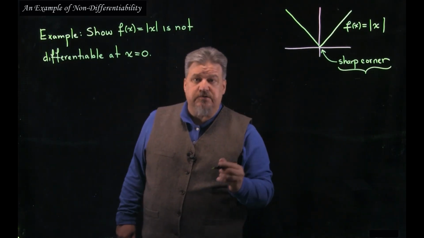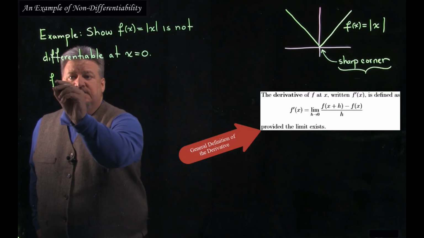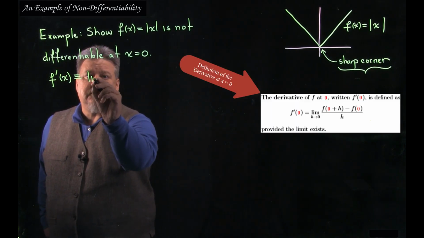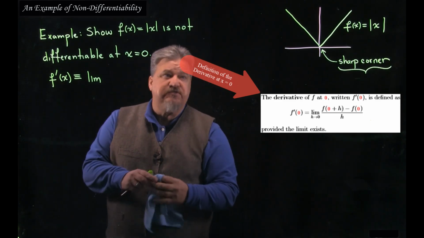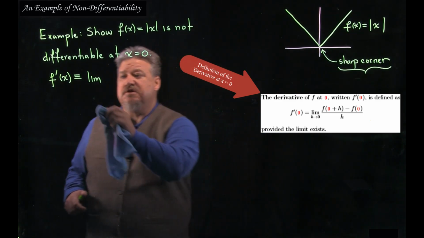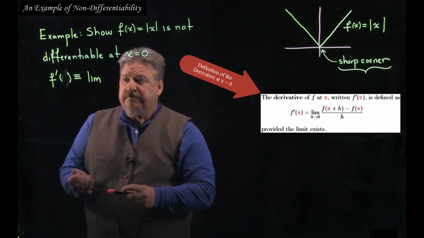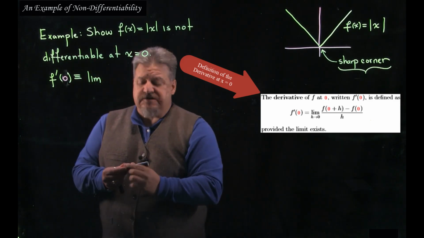Now again, we're going to use the definition. So, what is f prime of x? If it exists, it's defined to be, and in this case, what is our x value? What's our x value on the graph? 0. So rather than doing the derivative of f at x, I want to look at the derivative of f at 0.